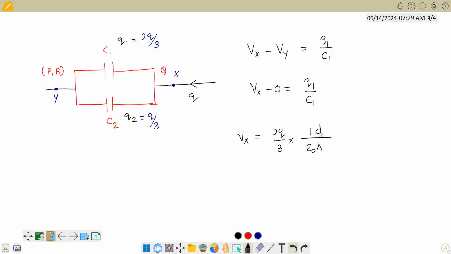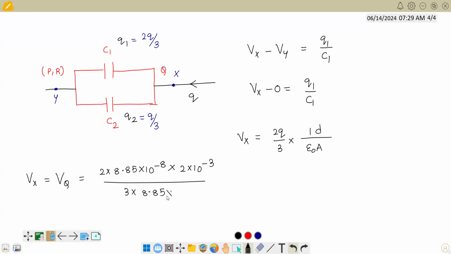Now we'll substitute everything in this given equation and we'll solve the problem. So V at x, which is also potential of Q, is 2 into the charge supplied, 8.85 into 10 power minus 8, the value of D is given as 2 into 10 power minus 3, divided by 3 into epsilon naught value 8.85 into 10 power minus 12 into A value, the area between the plates, is 2.